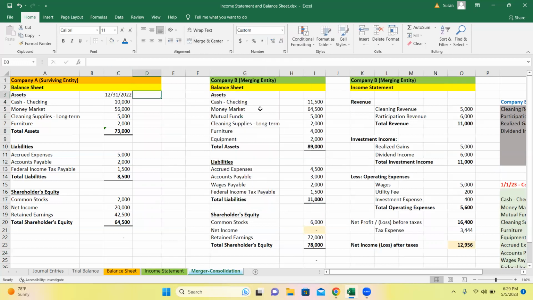And now we are reporting that information as of January 1st, 2023, but let's assume it's the month end. So January 31st, 2023.